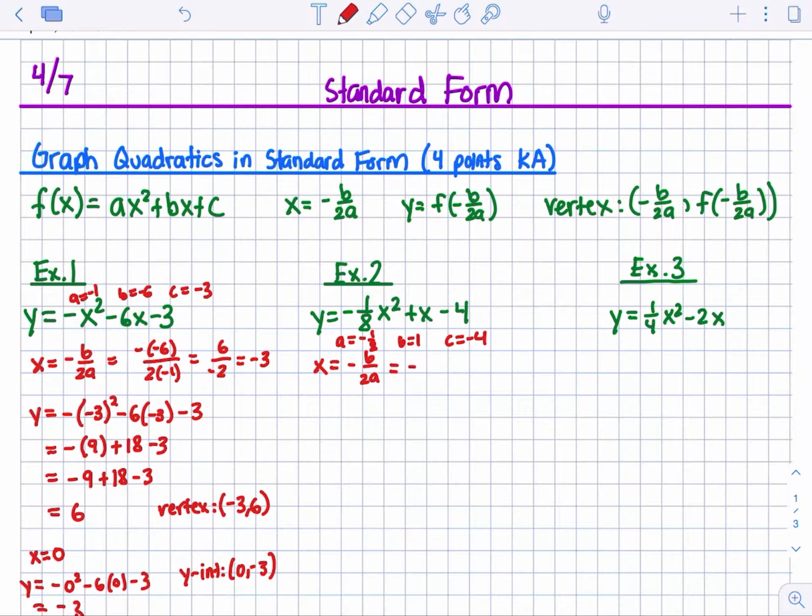So negative of 1 over 2 times negative 1/8. Negative 1 over negative 2/8. And when you guys have something like this, it's really negative 1 times the reciprocal of that, which is negative 8 over 2. And that simplifies to 8 over 2, which is just 4.